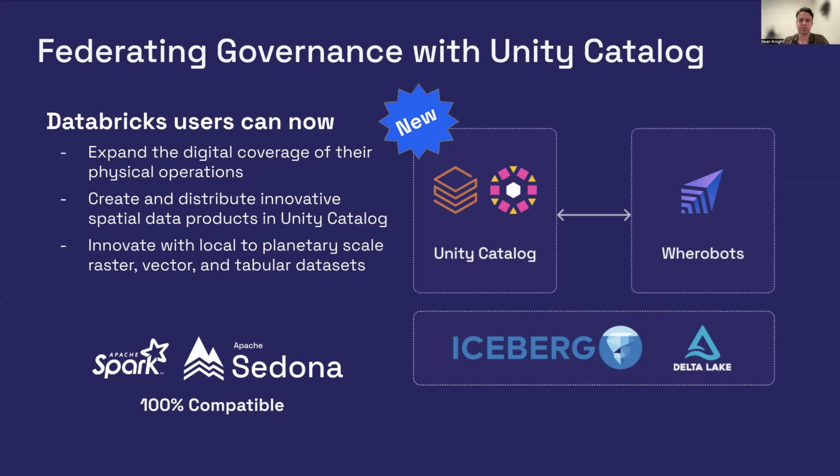Databricks has about 80 native spatial functions within their serverless capability, so you can expand that to the 300 plus functions you get with Wherobots, and enable a complete understanding of the physical world, from local to planetary scale, with vector, raster, and tabular datasets all in one engine. It's 100% compatible with our open source Apache Sedona and Apache Spark, so you can push things back and forth with your data in Databricks and get more value out of it.